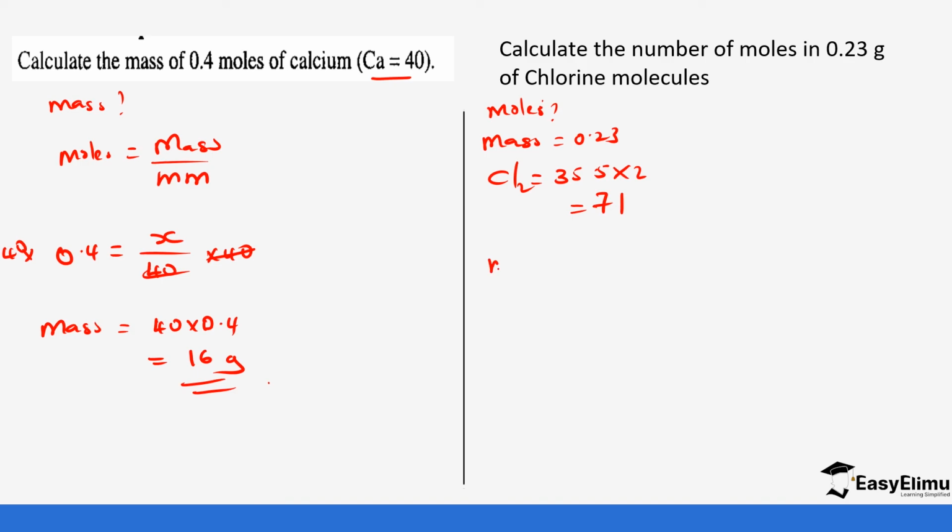So moles is equal to mass over molecular mass. Moles is what we are looking for. So we have mass, which is 0.23, divided by 71, which is the molecular mass, which gives us 0.00324 moles.